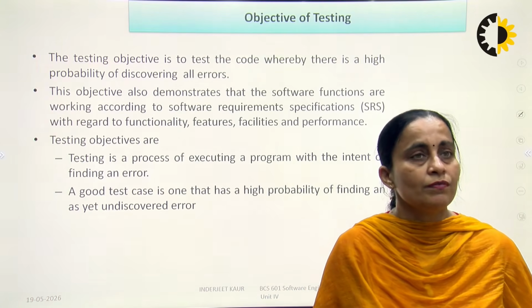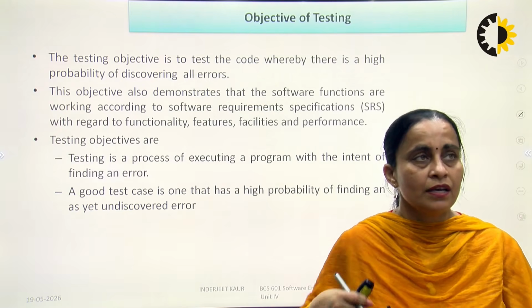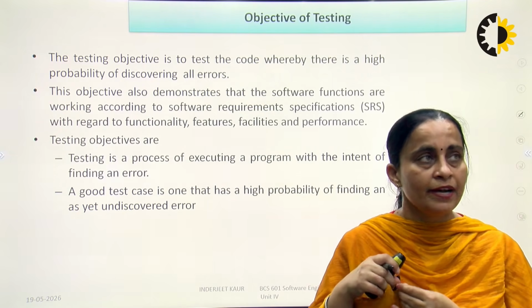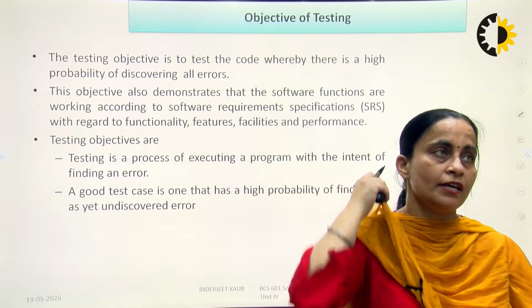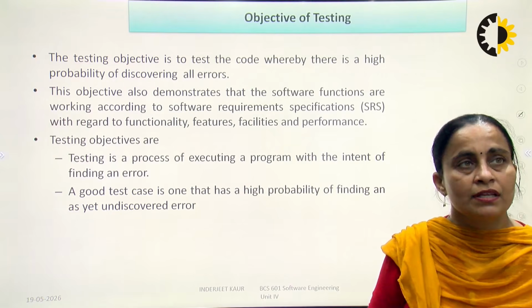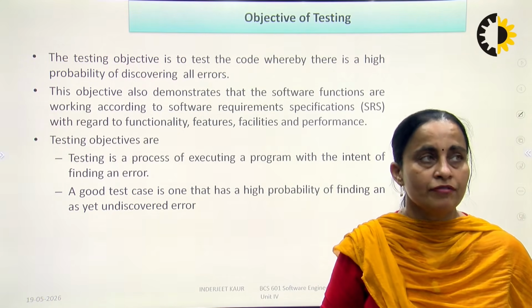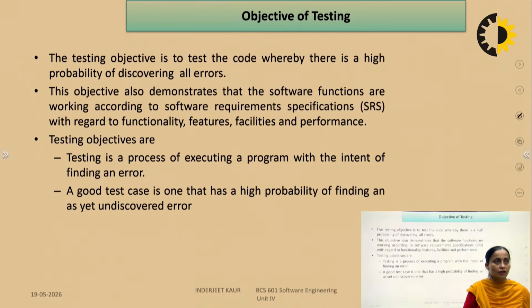Then the main objective for performing testing is to test the code whereby there can be a high probability of discovering all the errors. The objectives will tell that the software functions are working as per the SRS that was planned, means all the functions, all the features, all the facilities, and the software is giving performance as per SRS.